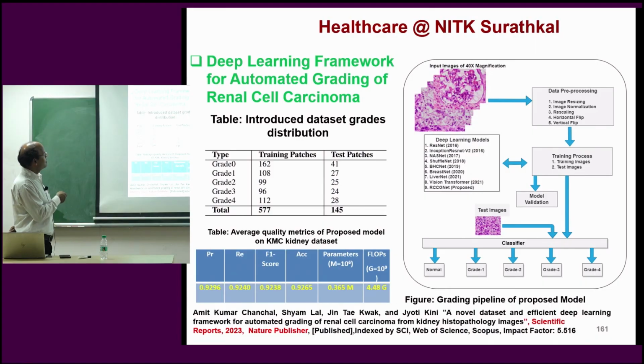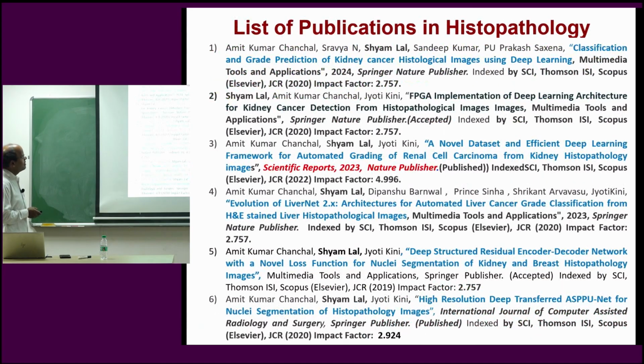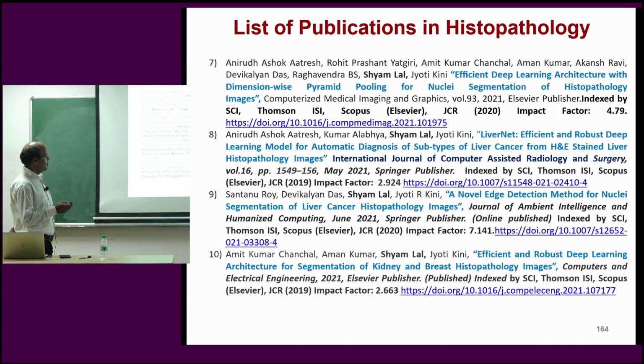And we also worked on renal automatic grading as well. It got published in Nature in 2023. One more is coming this year as well, one more Scientific Reports paper. And this was again an extension work, with models on the same dataset, grading of kidney cancer. These are just a few publications in histopathology images, what we did using AI/ML deep learning.